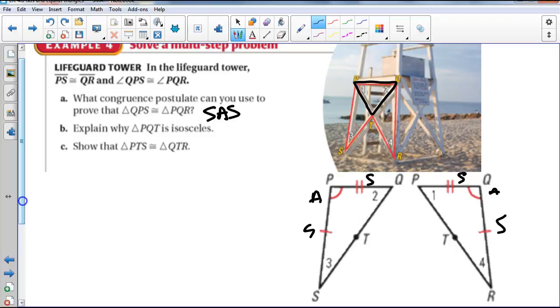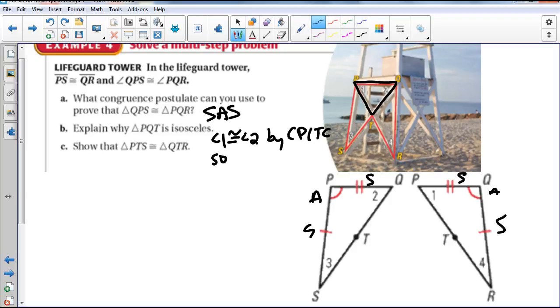So that means the sides opposite have to be congruent. Angles 1 and 2 are congruent because of CPCTC. Because we showed that the two big triangles below the picture are congruent, then angle 1 is congruent to angle 2 by CPCTC.